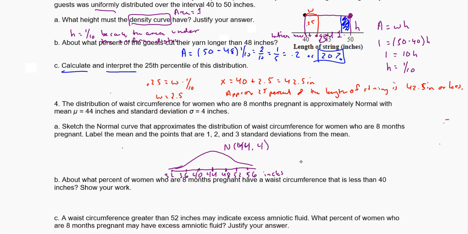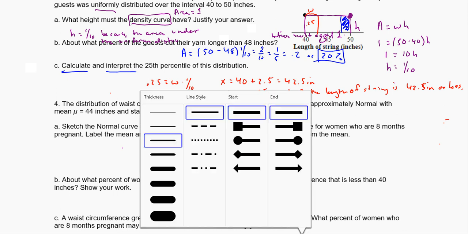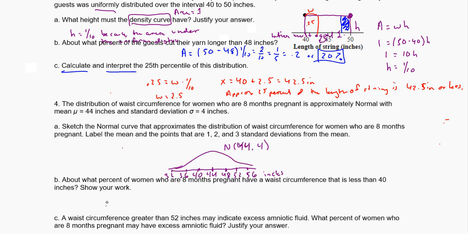Now, about what percent of women who are 8 months pregnant have a wrist circumference that is less than 40 inches? That has less than 40 inches. Well, here we go. Let's answer this next question. All right, and we can use this because we're going to talk about this right here. Okay, and if you recall, we're looking for this percentile. So wrist circumference of 40 inches.